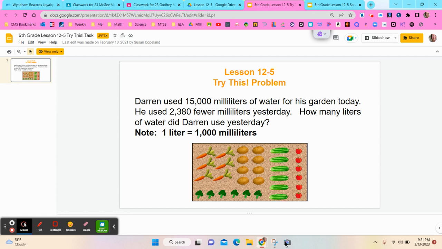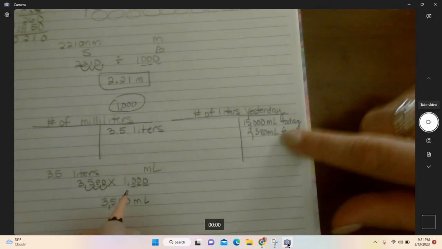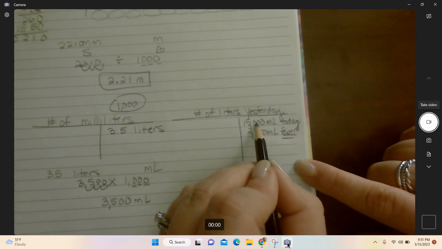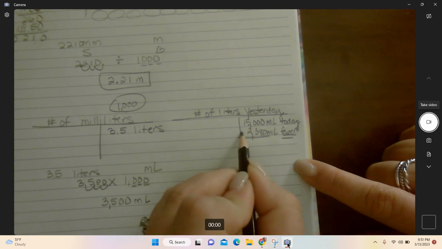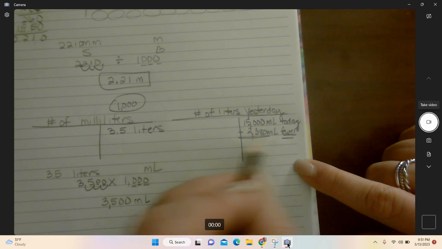That's big. I know when I have a word with an ER, that makes me think subtraction. Fewer means less, so I think I will be subtracting. And I think I know everything that I need to know now. It looks to me like I have 15,000 today, but fewer yesterday, so I think I'm going to need to subtract, right? To figure out what yesterday's was.